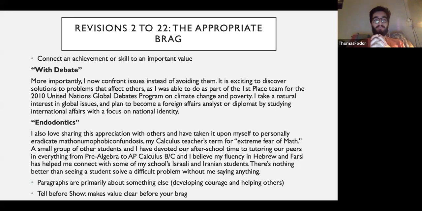"More importantly, I now confront issues instead of avoiding them. It is exciting to discover solutions to problems that affect others, as I was able to do as a part of the first place team for the 2010 UN Global Debates Program on climate change and poverty. I take a natural interest in global issues and plan to become a foreign affairs analyst or diplomat by studying international affairs with a focus on national identity."